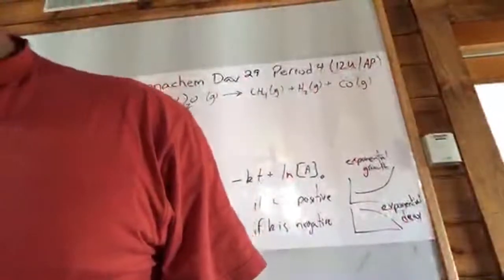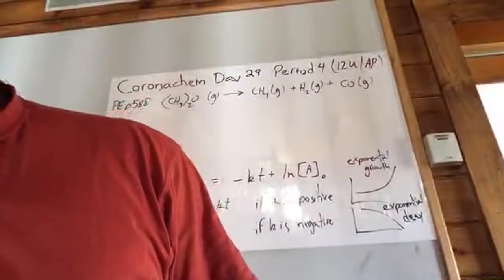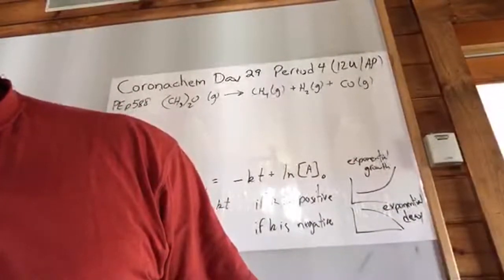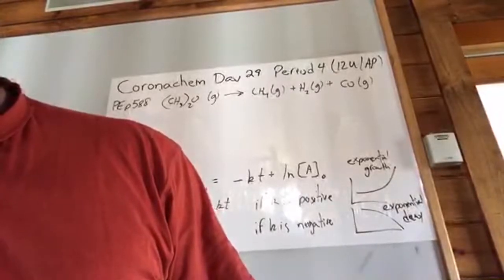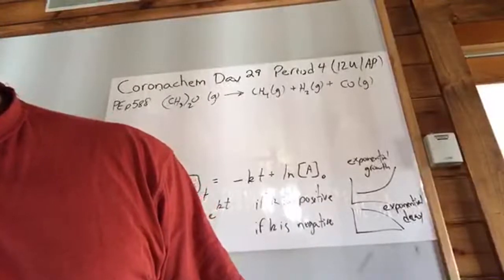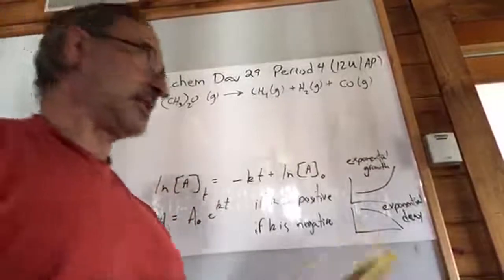588. The decomposition of dimethyl ether at 510 degrees Celsius is a first order process with a rate constant of 6.8 times 10 to the negative 4 seconds to the minus 1. If the initial pressure of dimethyl ether is 135 torr, what is its partial pressure after 1420 seconds?